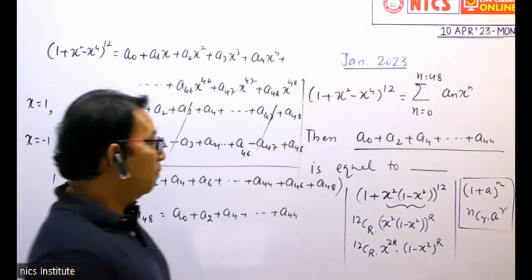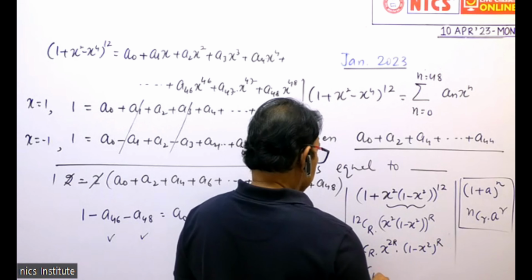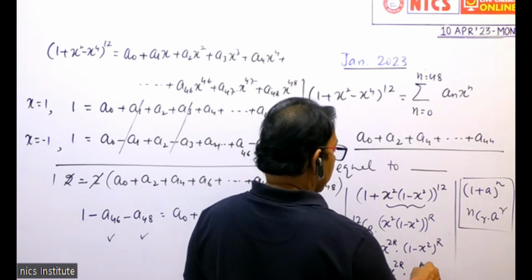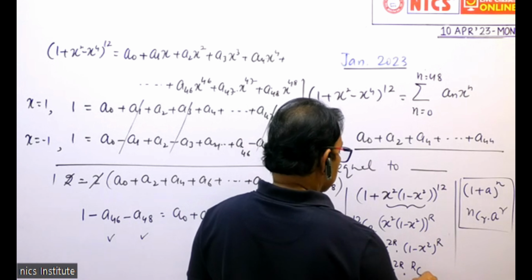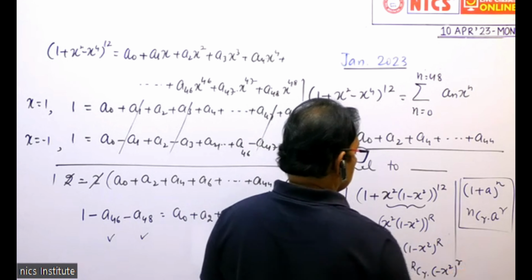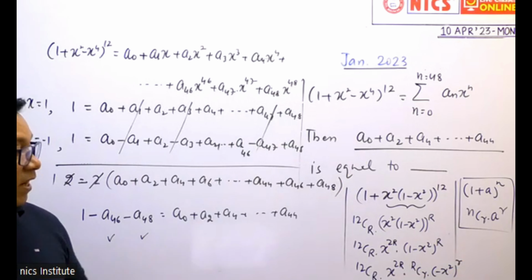Now again I need to apply binomial here and write its general term. It will be 12CR x^(2R), this would be RCr (-x^2)^r. I've written the general term for the second expansion also.